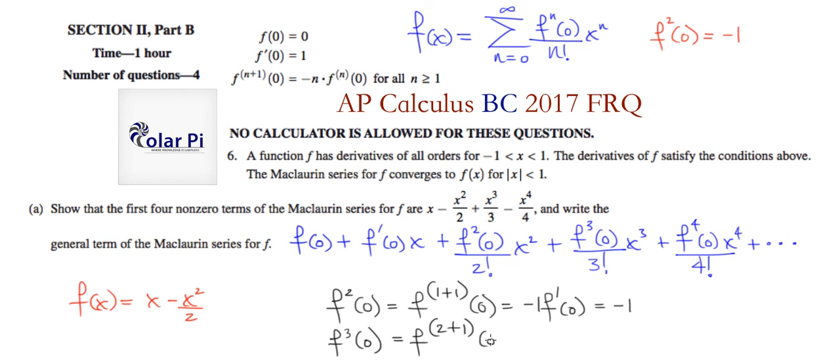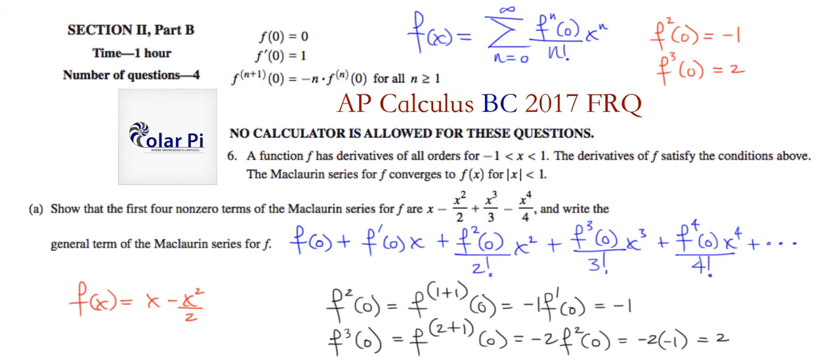So this time n is 2, so we'll have that that's -2, and then times f2, the second derivative at 0. So that's -2 times the second derivative at 0, which we said was -1. So it's -2 times -1, and so that's going to be 2. So we just learned that the third derivative at 0 is going to be equal to 2, right?